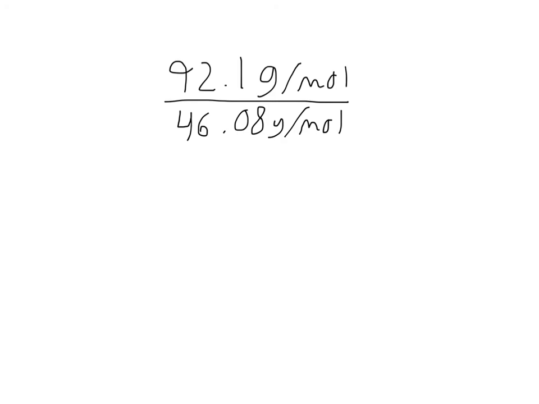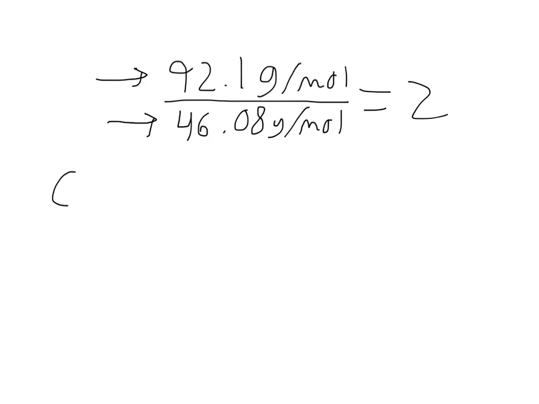So here I have my molecular weight, the molar mass of my molecular formula, and I'm going to divide that by the molar mass of my empirical formula. This is going to equal 2.